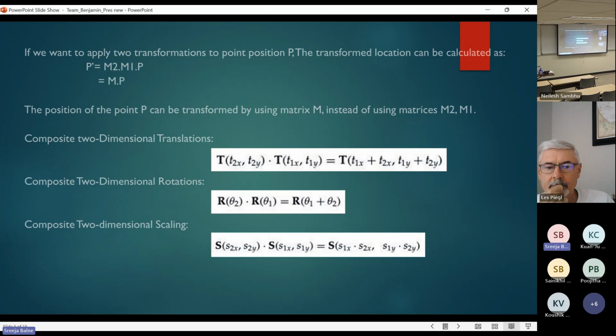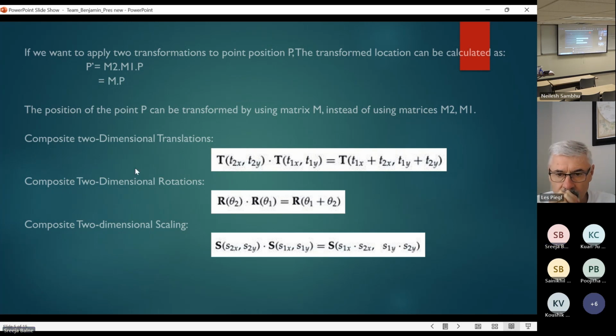For example, if we first perform scaling and then rotation, the final output will not be the same as the reverse. Let me take M1 and M2 as the two operations that we are performing, and the final new plane would be P dash. The operation M1 M2 into P is not at all equal to M2 M1 into P.